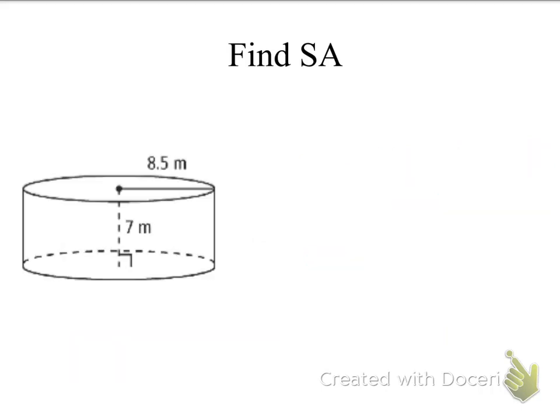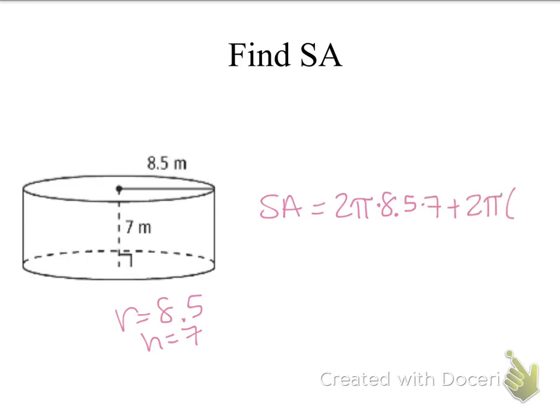Okay, if I plug straight into my surface area equation, so first my radius is 8.5, my height is 7. So my surface area equation, if I plug and chug straight from that one, it is going to be 2 pi times the radius, times the height, plus 2 pi, the radius again, squared.